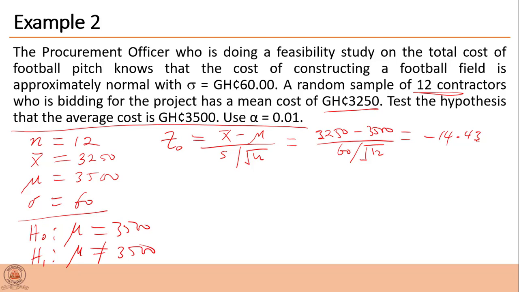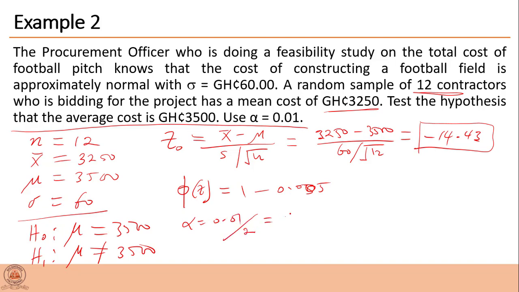Now we want to get the Z value in the table to compare with this. So let's have a reading of our Z, and we know this is equal to 1 minus 0.005. It's a two-tailed test, and our alpha value is equal to 0.01. So if we divide this by 2, we get 0.005.